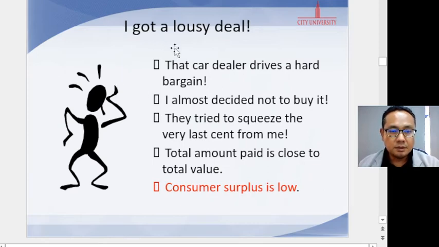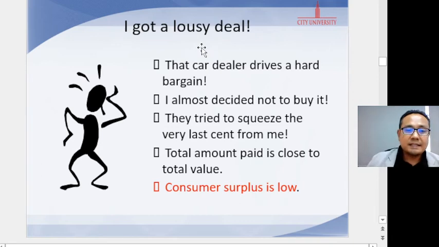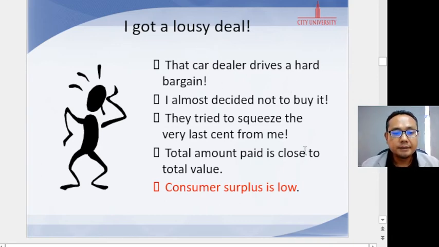We got a lousy deal. The car dealer drove a hard bargain, and I almost decided not to buy it. They tried to squeeze the very last cents from me, and the total amount paid is close to the total value, and the consumer surplus is low.